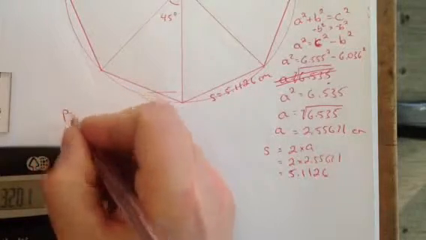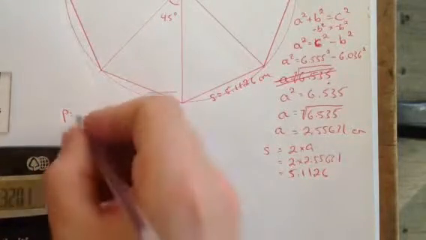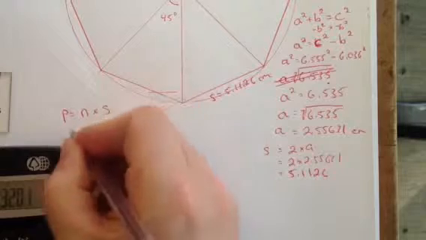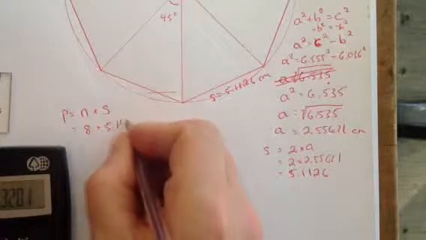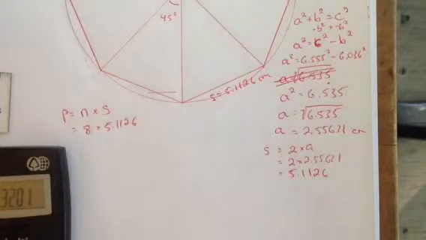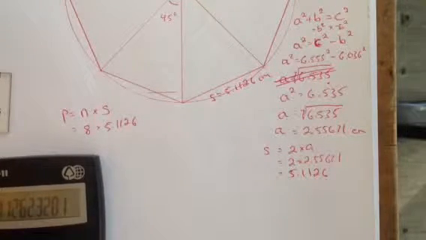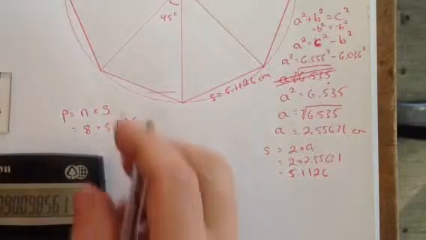The perimeter is going to be the number of sides times the side length. The number of sides is 8 times 5.1126. 8 times 5 is 40, so we're expecting something around 40. So times 8 is equal to 40.9.